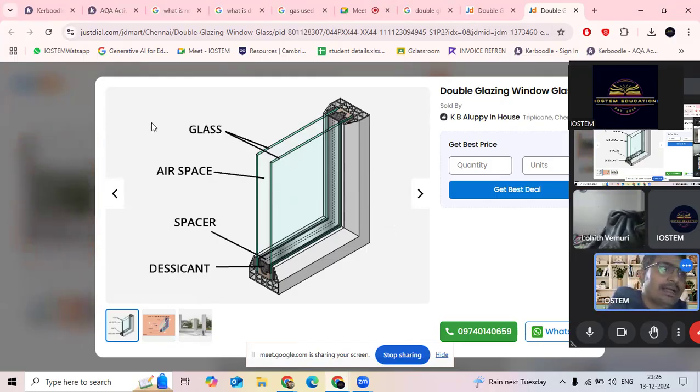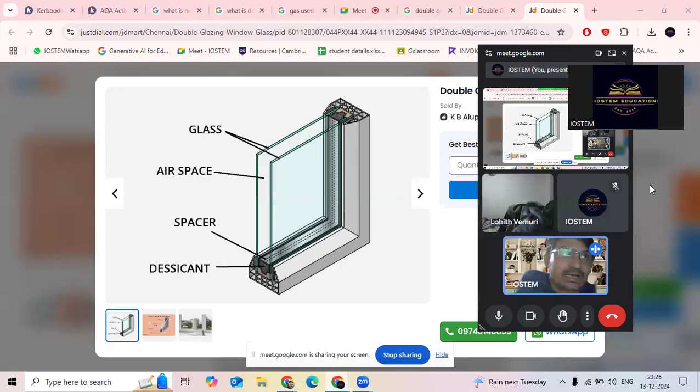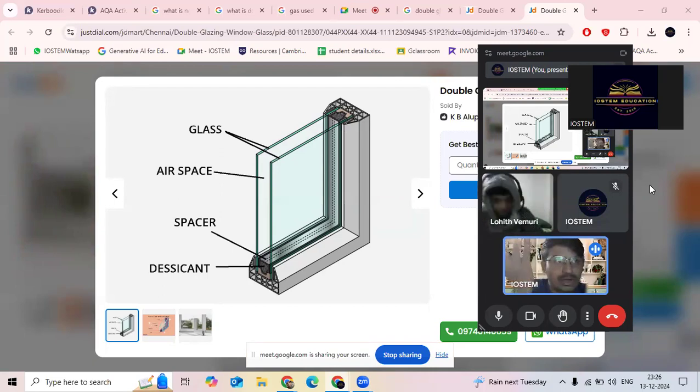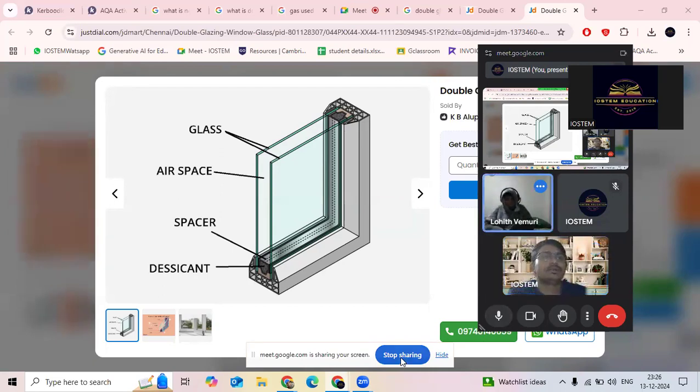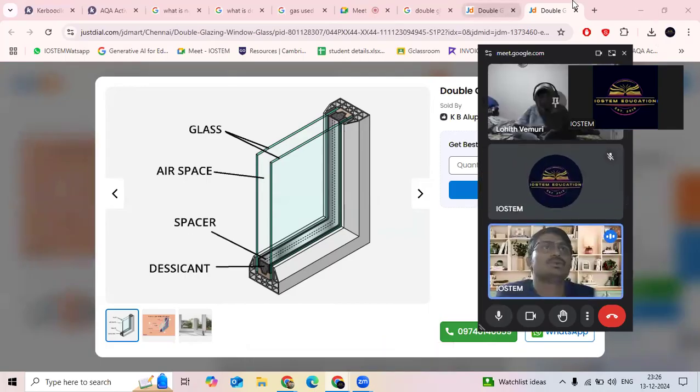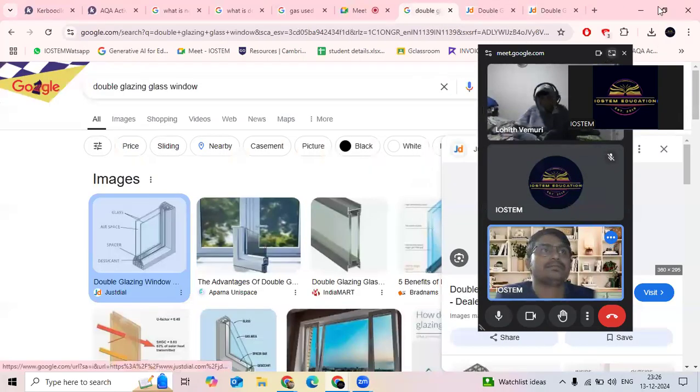In places where the temperature is very low, like at your place, people use this kind of window to keep the heat inside the room, or they don't want to let the cold wave from outside come inside. Because of that, they keep these things.